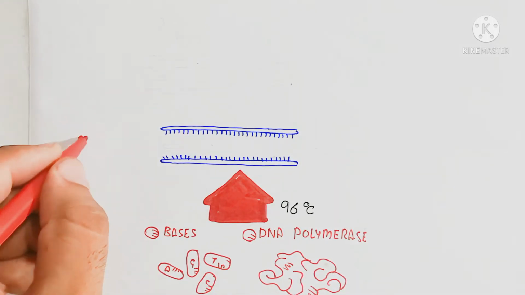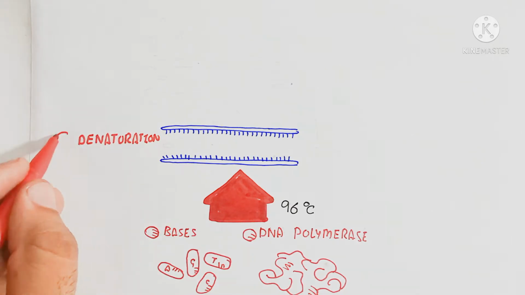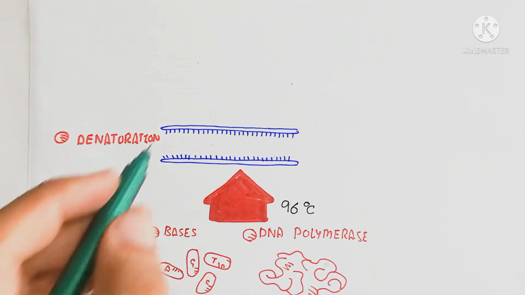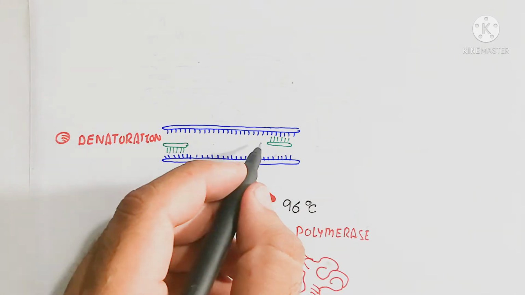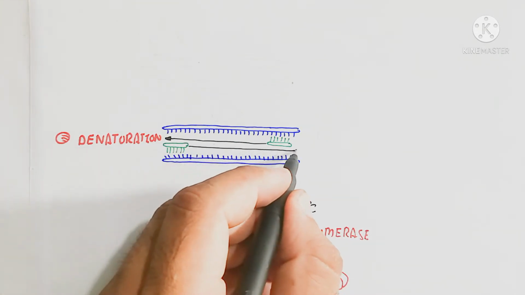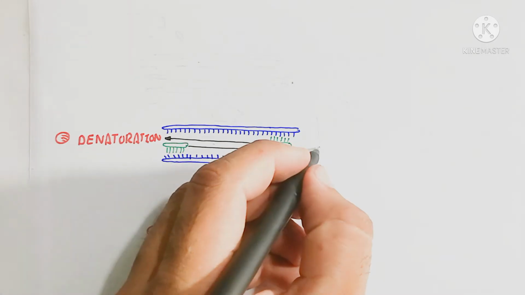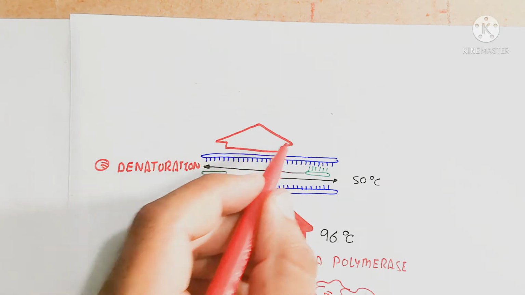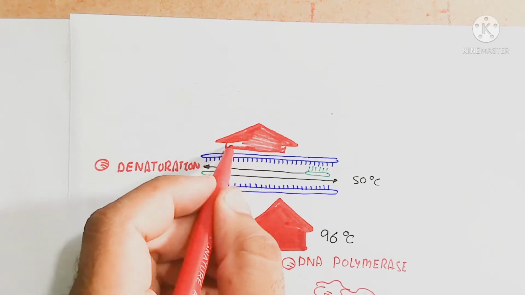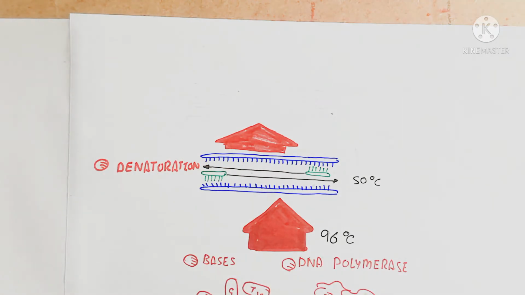So the denaturation happens due to the 96 degrees Celsius temperature, then the temperature is changed to 50 degrees Celsius to attach the primer again. So the primer will be attached and will read and attach the bases.